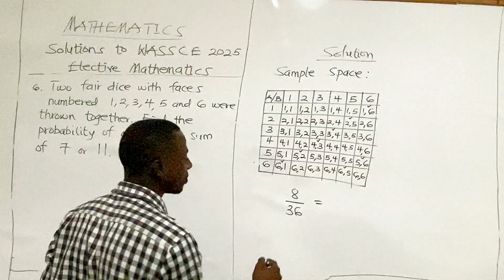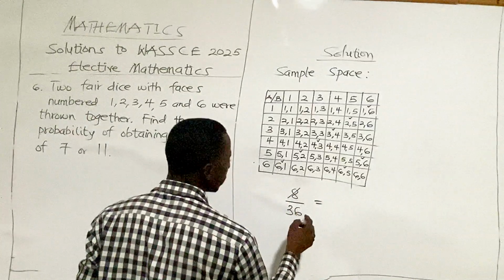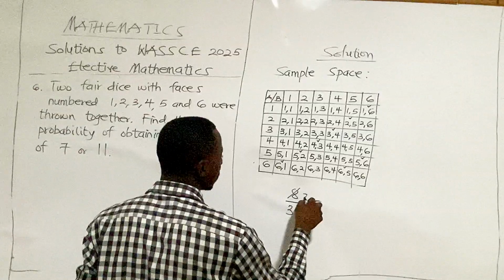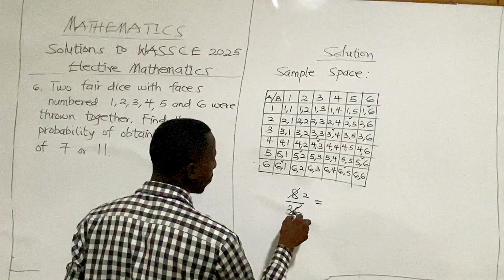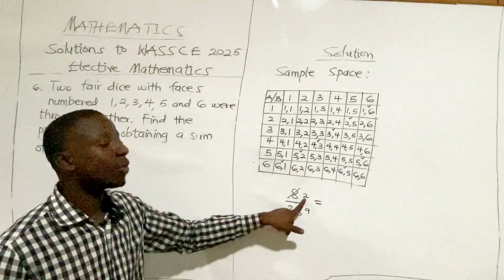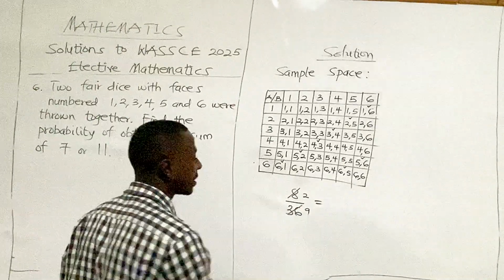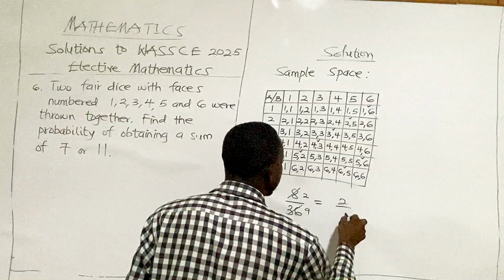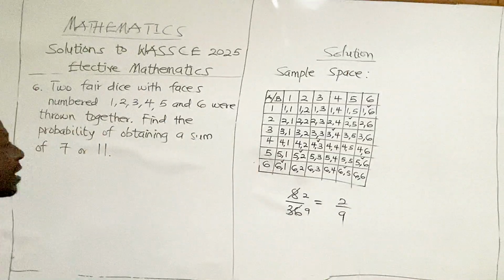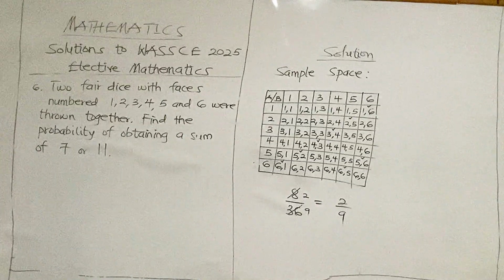Now from here, 4 goes here 2 times, then 4 goes here 9 times, because 4 times 2, we have 8, and 4 times 9, we have 36. So the final answer becomes 2 over 9 to be the probability of obtaining the sum of 7 or 11.